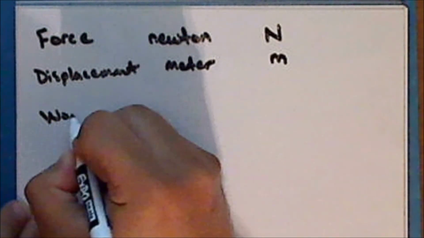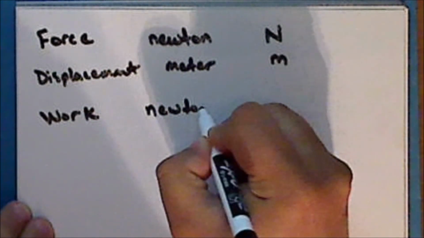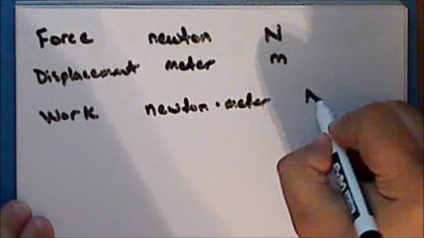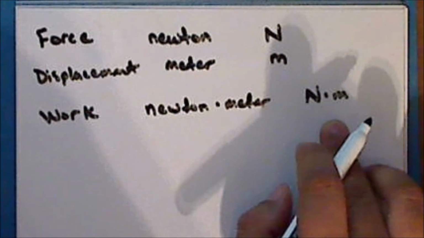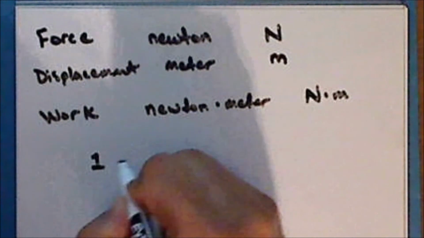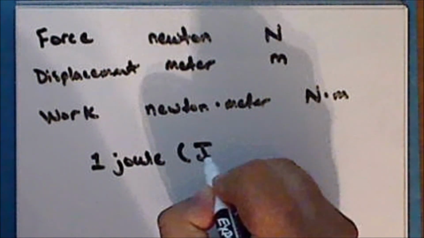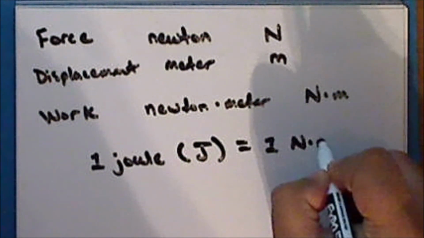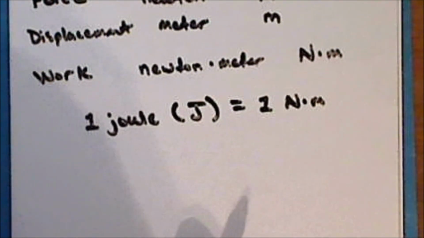And so work has units of a Newton meter, and this combination occurs often enough that it has a special name. 1 joule, which is indicated with an uppercase letter J, is equal to 1 Newton meter. Now, there are other units that are commonly used in engineering systems, and we will address those later.